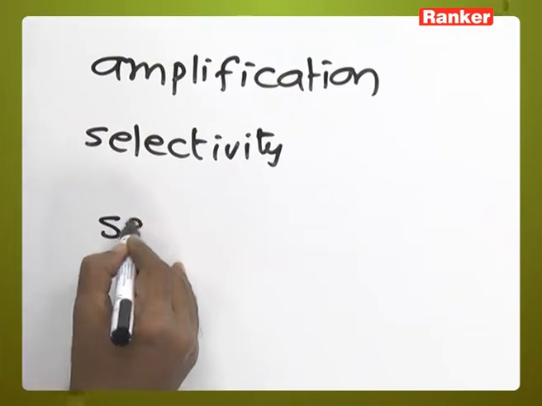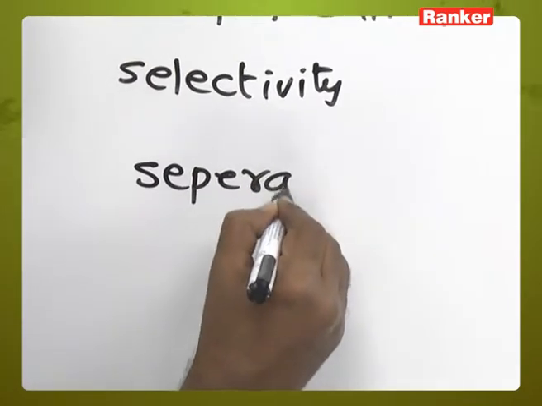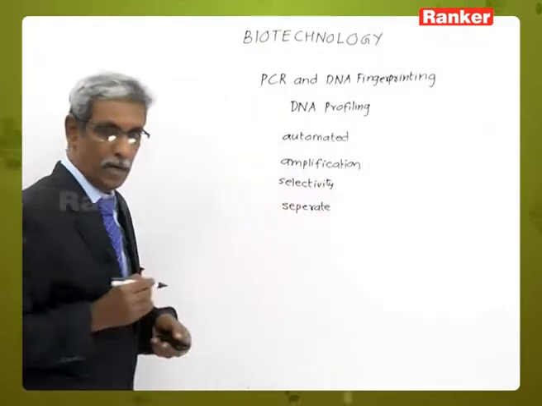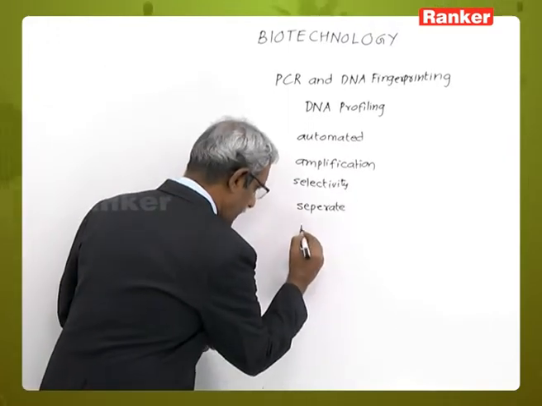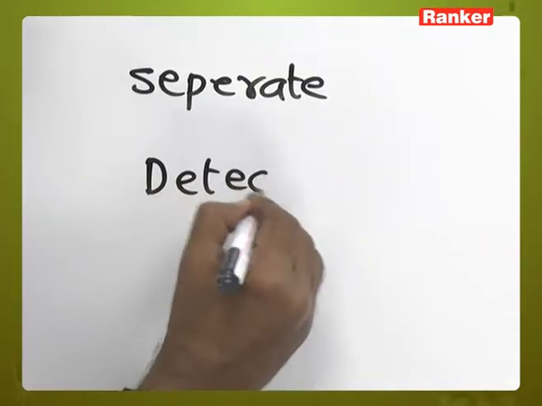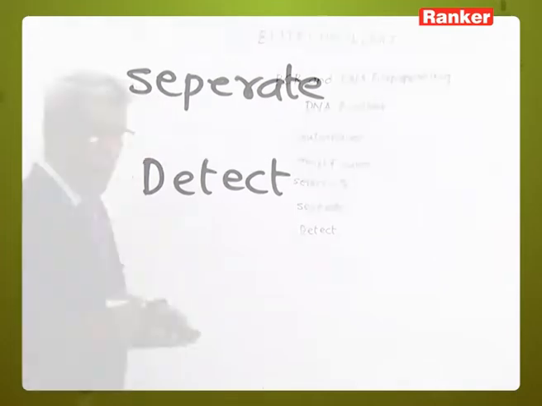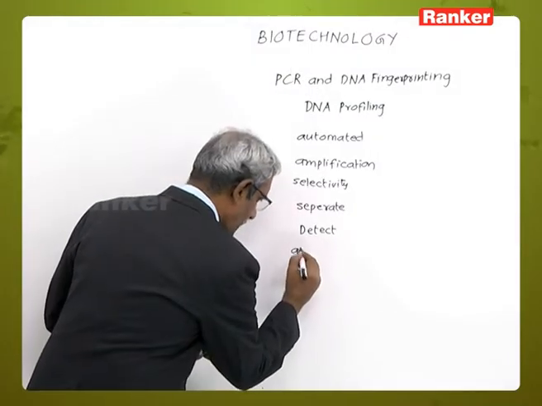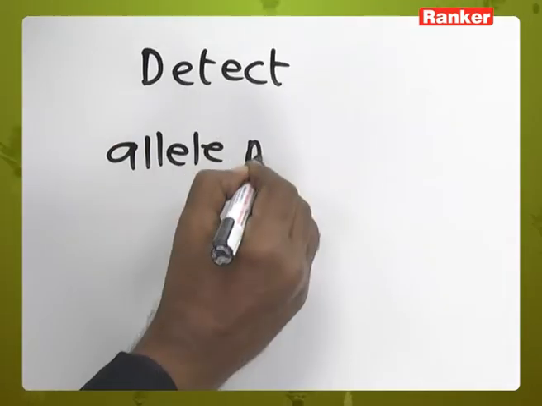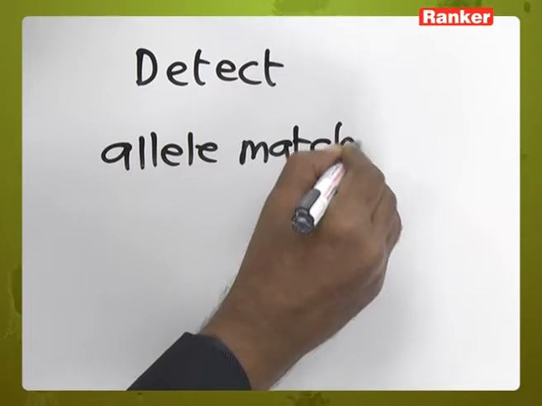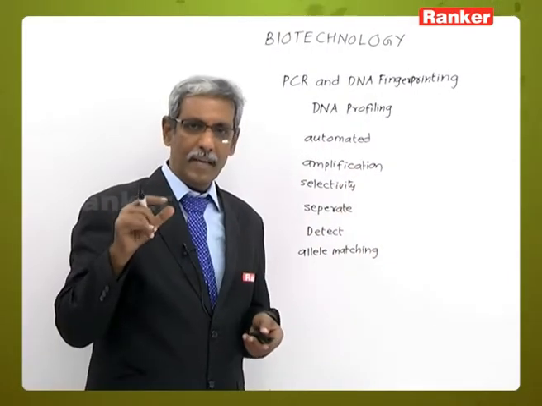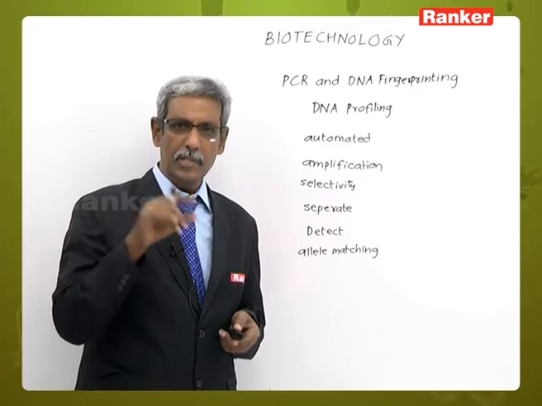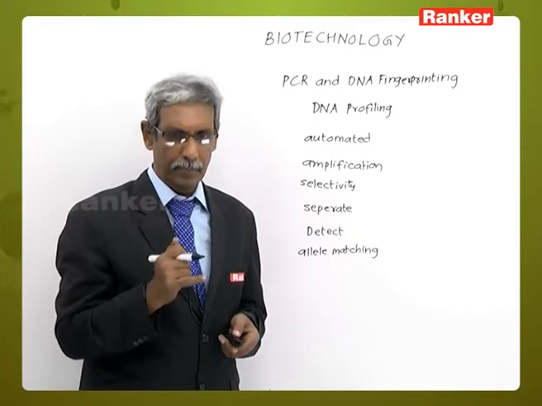Later on, we can also separate the gene or the DNA of interest. We can detect it, we can know what it is made up of, and we can also practice allele matching. That is, after detecting your gene of interest, we can know which DNA profile of the host it matches.